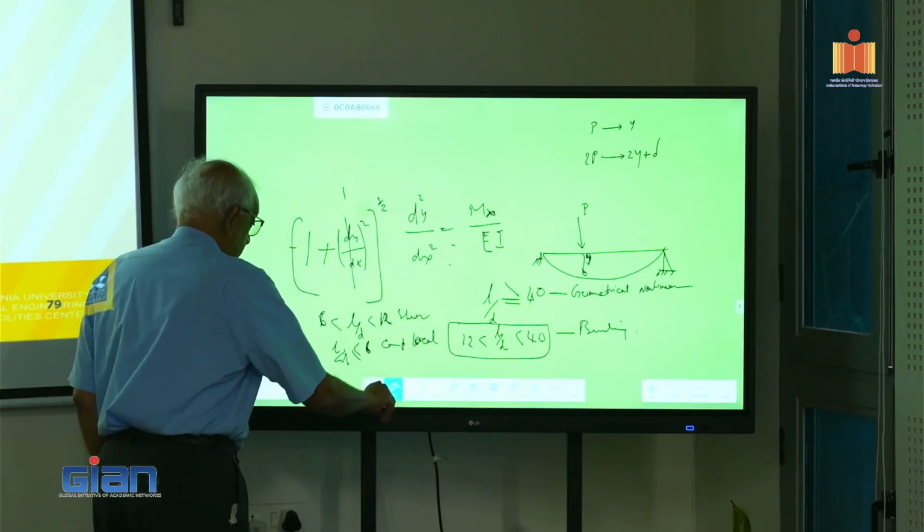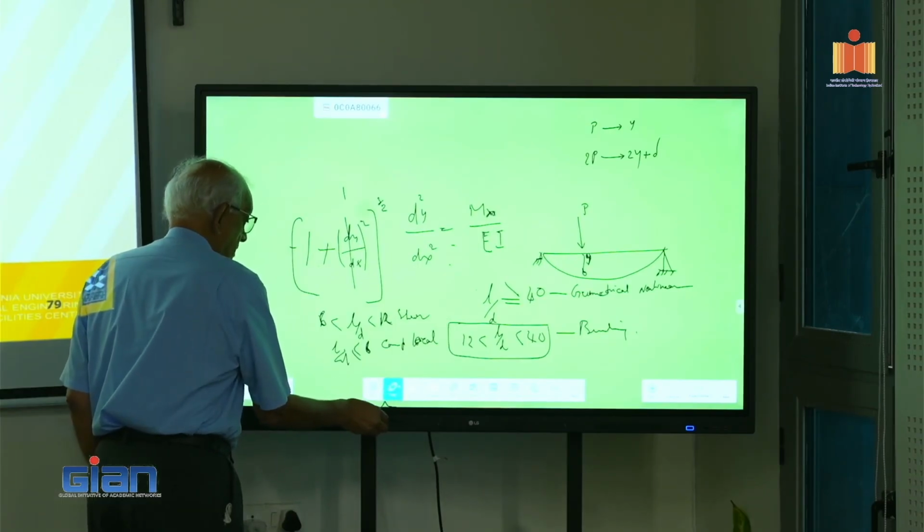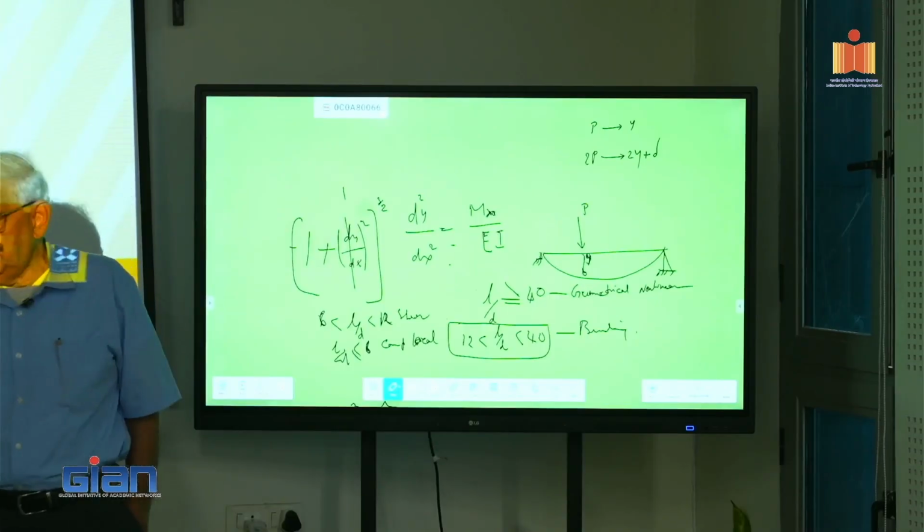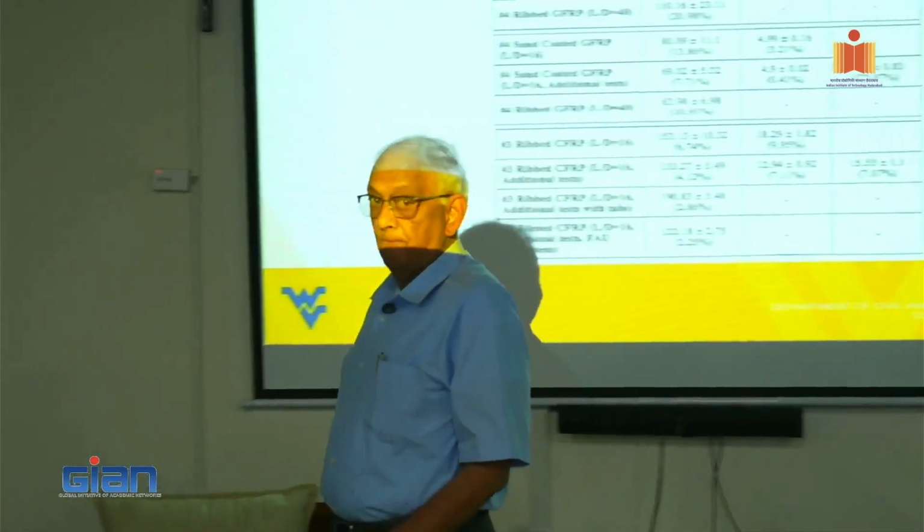That is what one needs to keep in mind. So the P delta effect is not directly proportional once you go beyond the 35, 40 type range. That's the message.